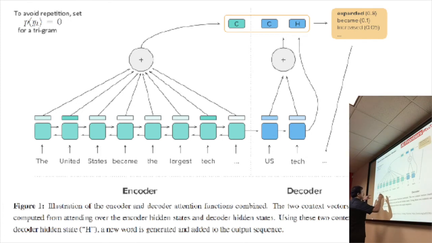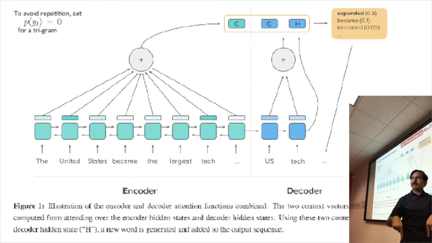So let me explain. There's the same thing again. You have the encoder, a bidirectional encoder, so you have the text going in. In the forward-moving encoder, it's getting the word "the", and the reverse-direction encoder is getting the last word, let's say "tech". Combining these two words, it's creating a hidden state. All hidden states of the encoder are being considered to create a context vector C, and there is an additional context vector created based on the outputs of the decoder till timestamp t, that is till now.